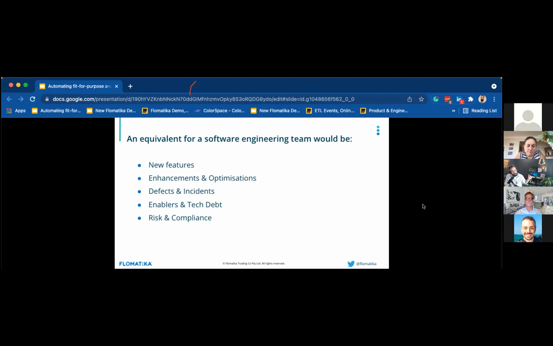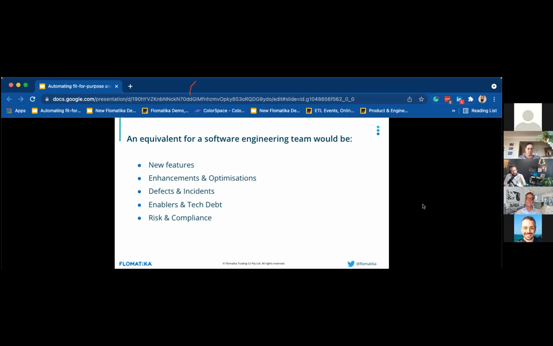Well, I provide new features, with the purpose of changing the marketability of the product, or enhancements and optimizations, maybe to improve the customer experience with a focus on retention, fixing defects and incidents, producing enablers and doing tech debt or refactoring that will allow that ecosystem to move faster in the future, risks and compliance, etc.